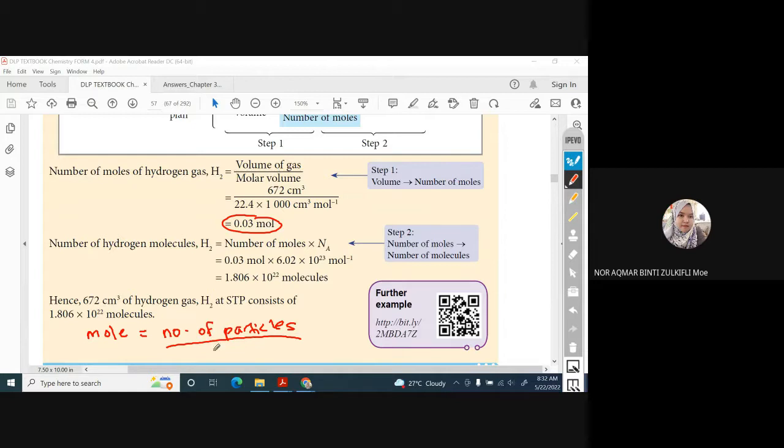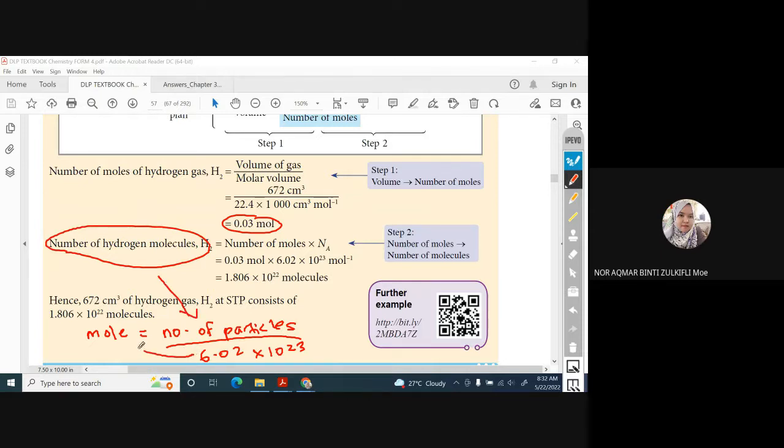Okay, number of particles, 6.02 times 10 power of 23. Since we want to find the number of hydrogen molecules, it means we want to find the number of particles.